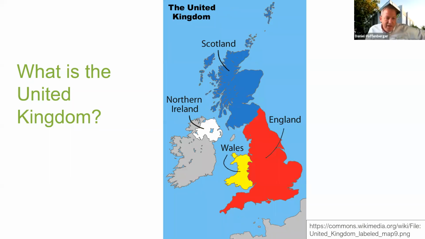until 1921-22, when the Anglo-Irish Treaty separated Ireland into 2 countries, the Republic of Ireland and Northern Ireland, at which point the United Kingdom became the United Kingdom of Great Britain and Northern Ireland, and that's what it's been since.